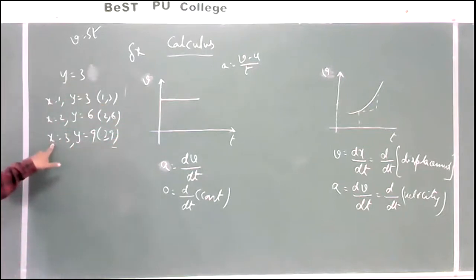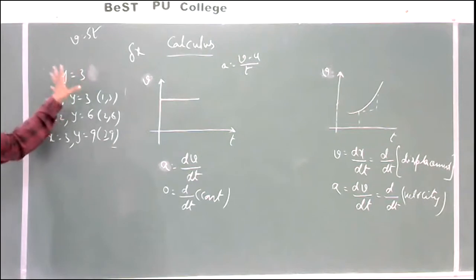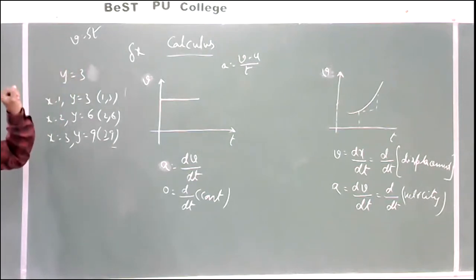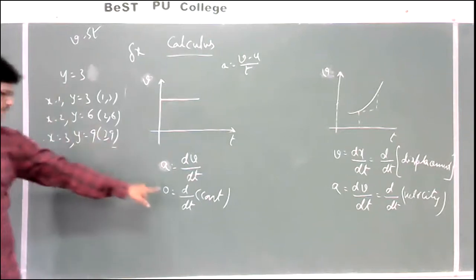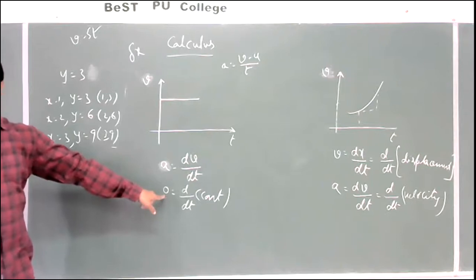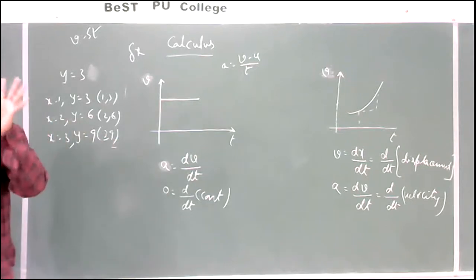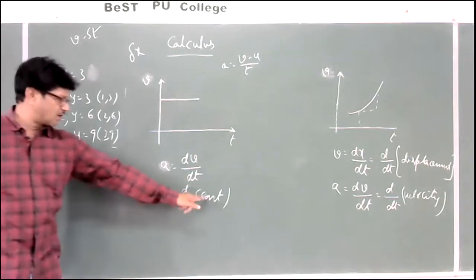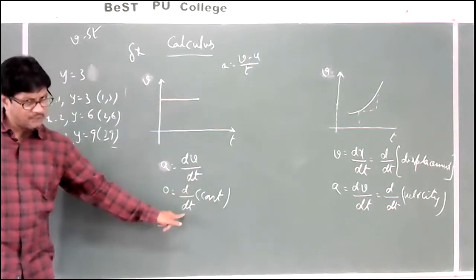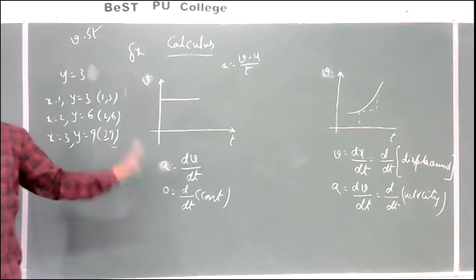No. Whatever x value you take, the y value does not change. That means there is no slope, it is a constant value. The very important point to remember is, if you differentiate a constant with respect to any variable, the value is 0.